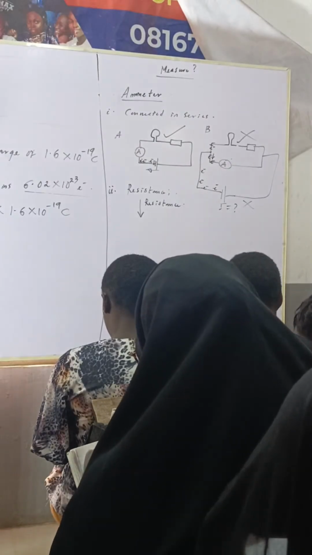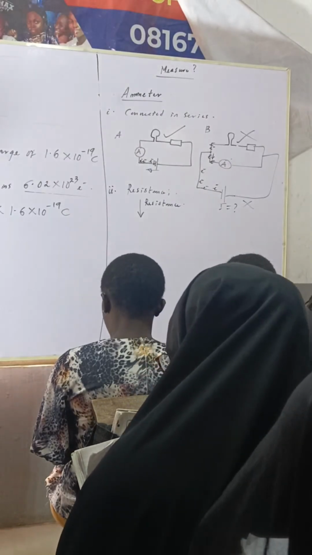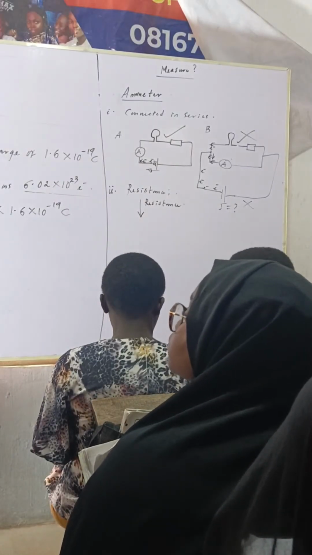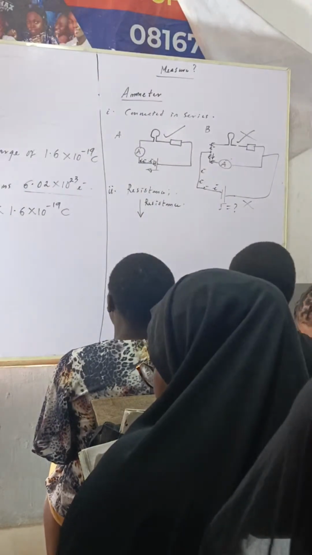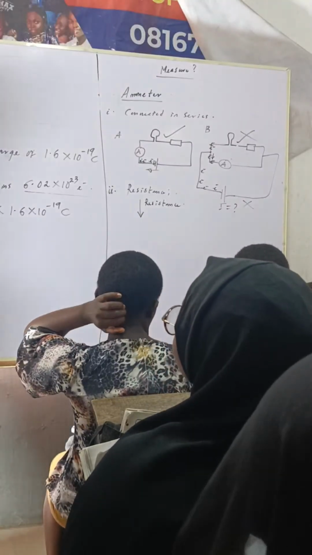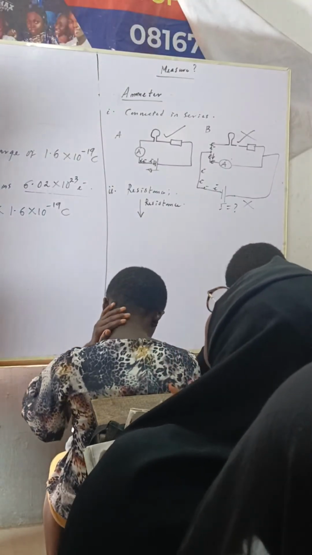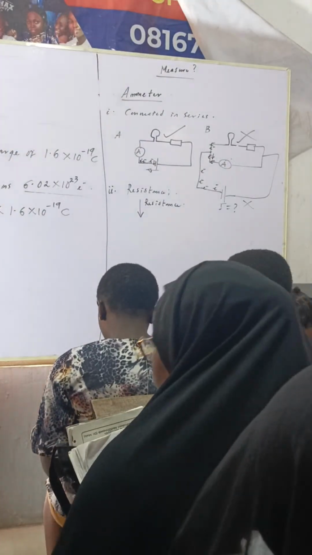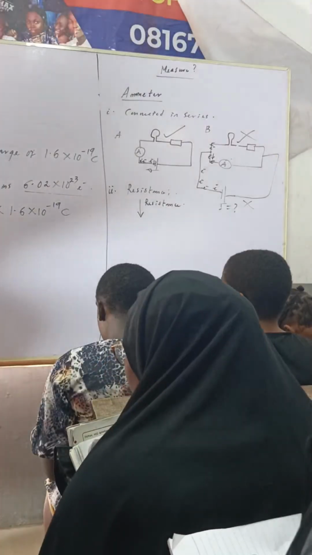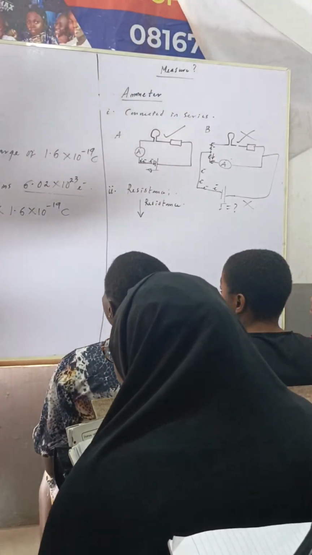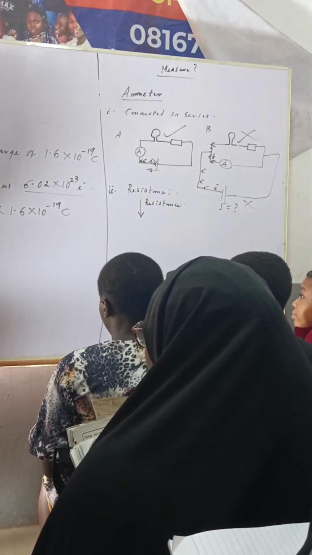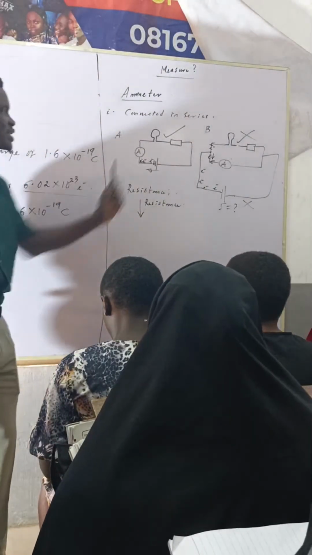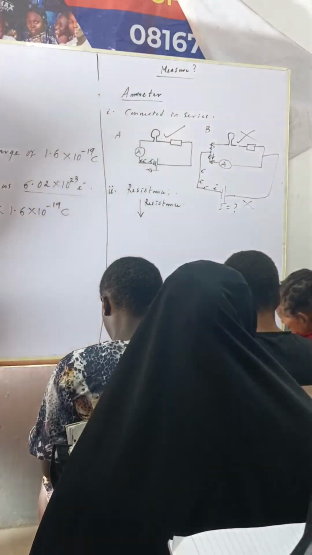If you're talking about potential difference, we've talked about it this morning, but to repeat it, let me just take you back here. The potential is the work done in moving a unit charge, Abi, from infinity to a point. But potential difference is simply the work done in moving a charge from one point to another point, or across a component in a circuit. Let me explain it better.